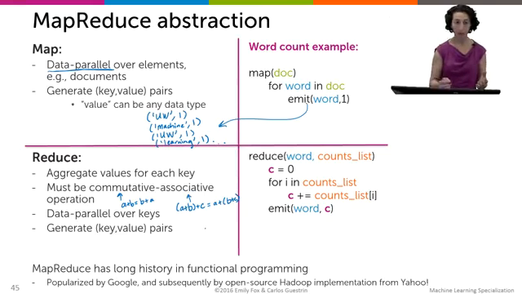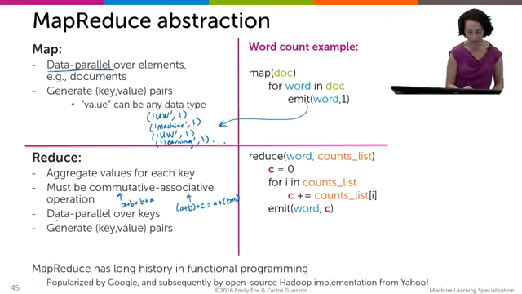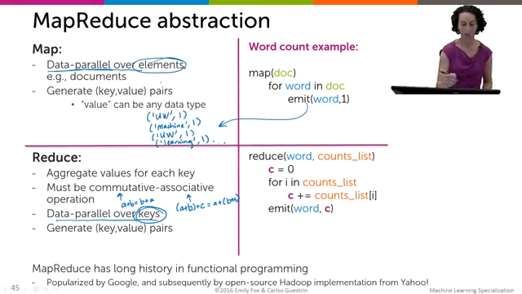Okay, and for a reduce step, we need this operation to be one that's data parallel over keys. Okay, so let me emphasize what the object is data parallel over. In the map step, it's over the elements like documents in our corpus, but here, once we produce these key value pairs, we take all the keys and the operation has to be able to be performed independently for each key, I don't want to say key value, each key.